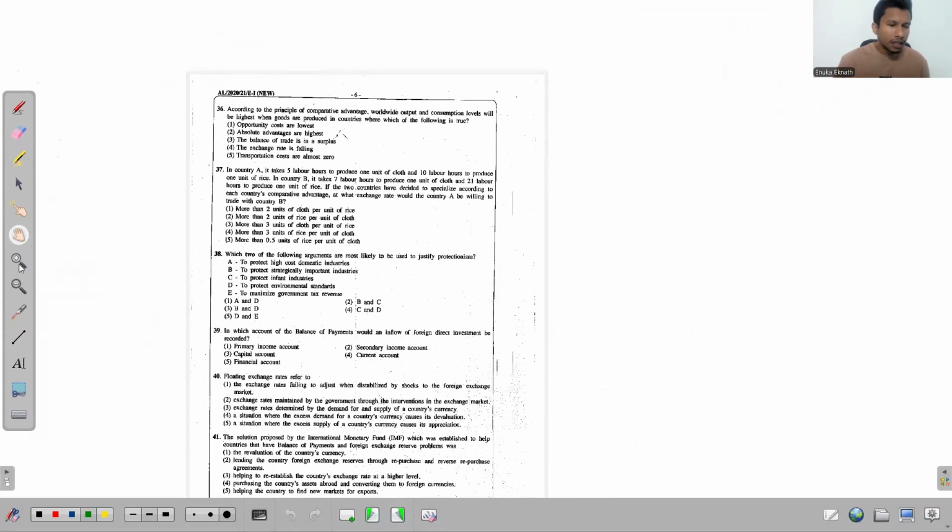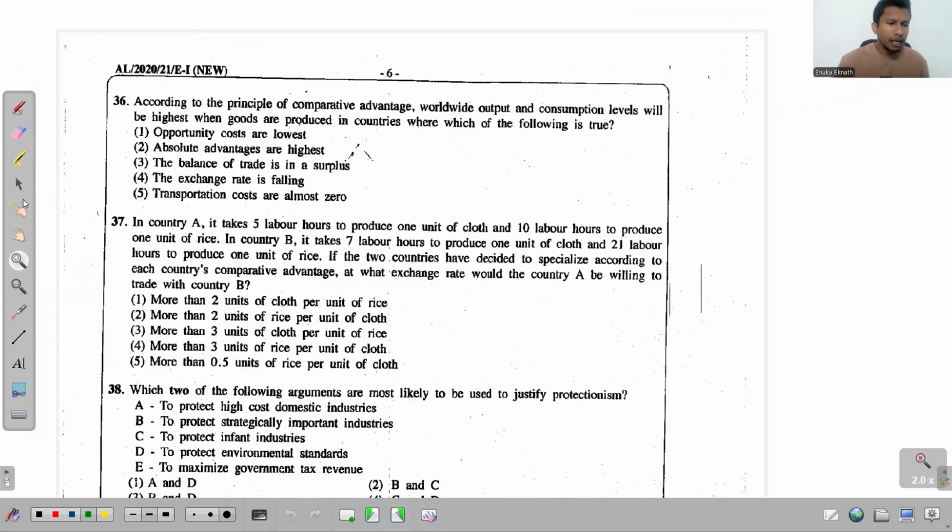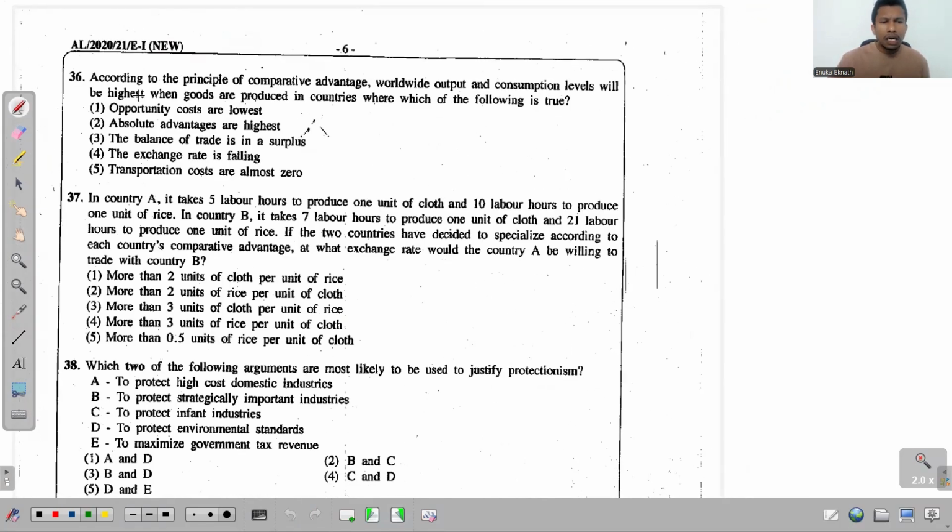Right, look at question 36 now. It says, according to the principle of comparative advantage, if it's about the comparative advantage, it's always about the lowest opportunity cost. Simple as that, right?